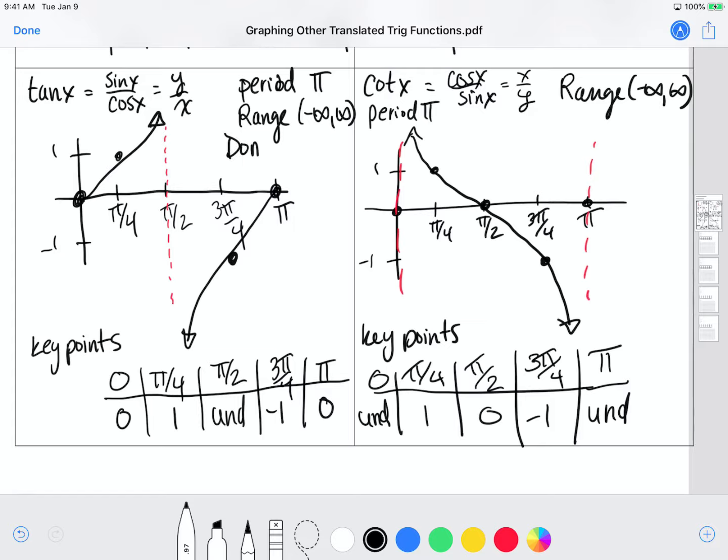So for the domain for tangent, it's going to be all values of x except for pi over 2 plus a multiple of pi. And the domain for cotangent is all values except for multiples of pi.